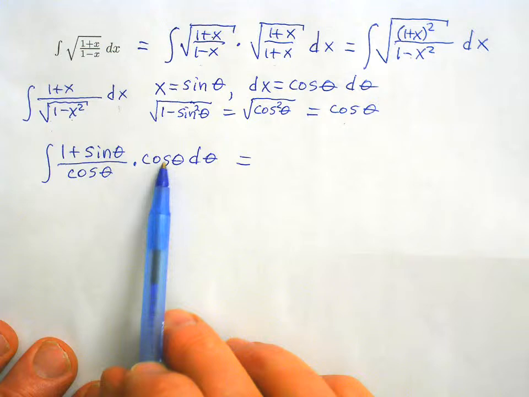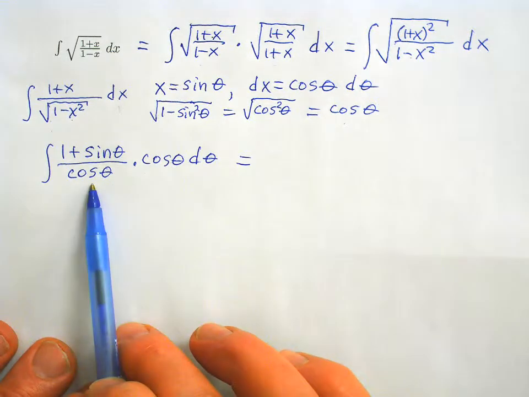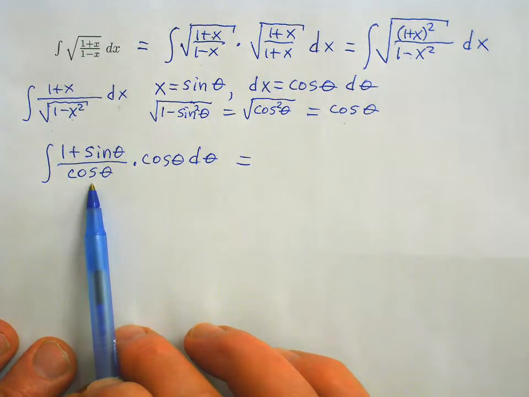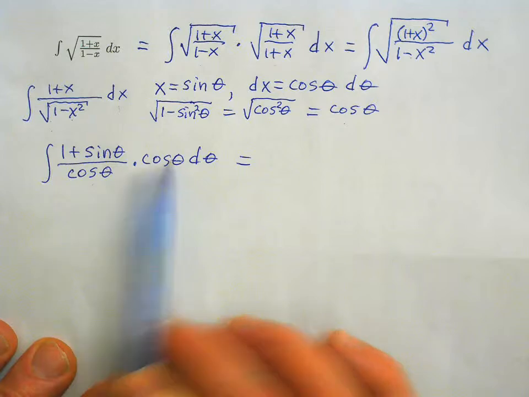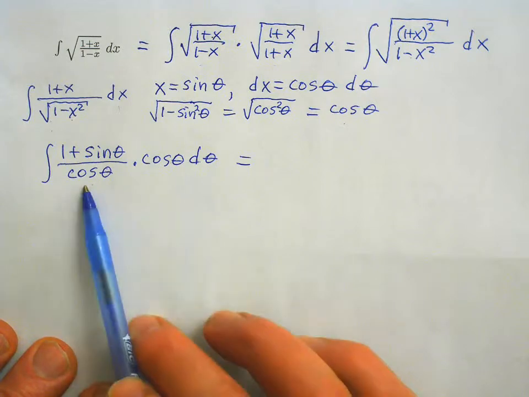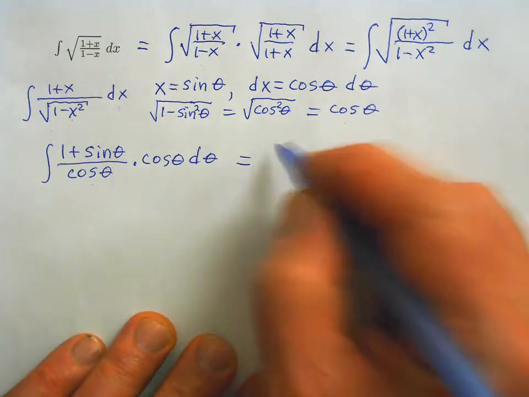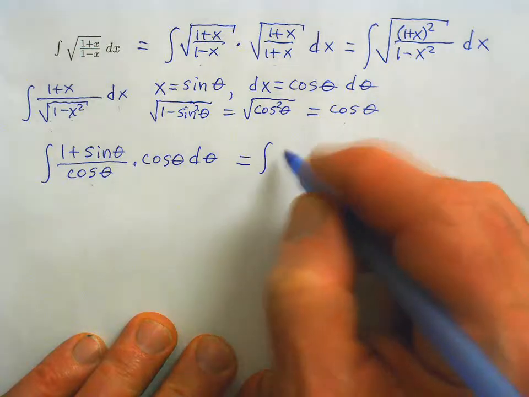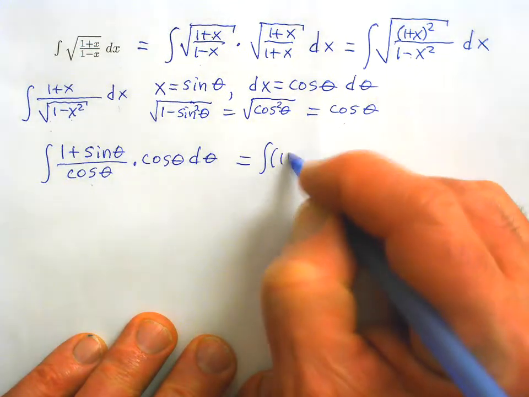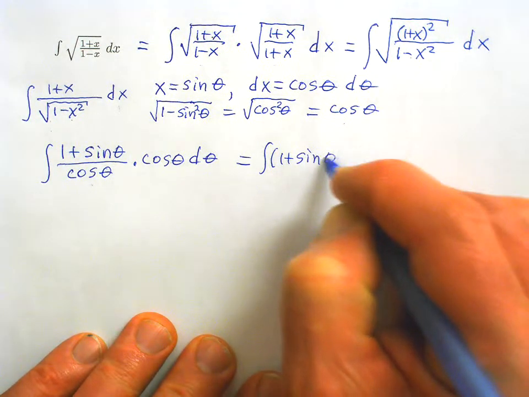We can simplify the integrand. That's one of the steps in the strategy for integrating. Simplify the integrand. Cosine divided by cosine is 1. So we get the indefinite integral of 1 plus sine of theta d theta.